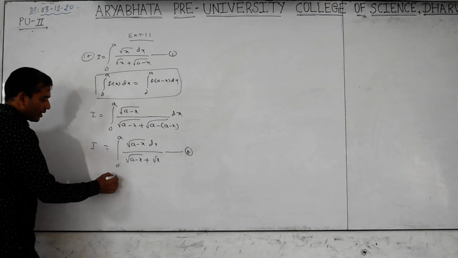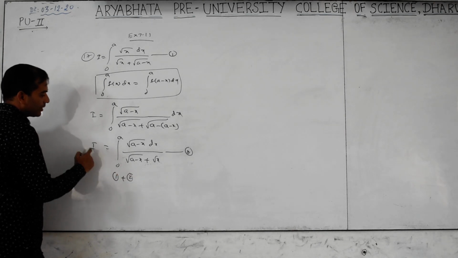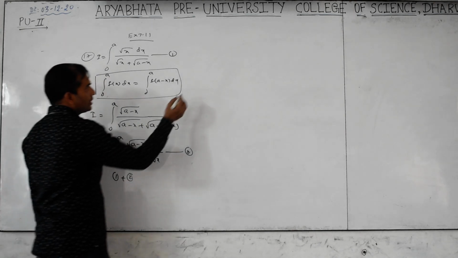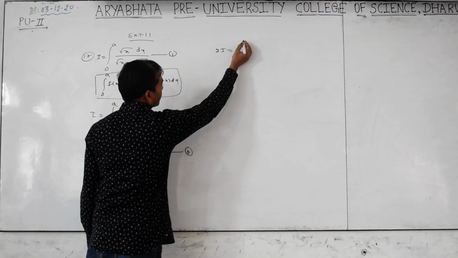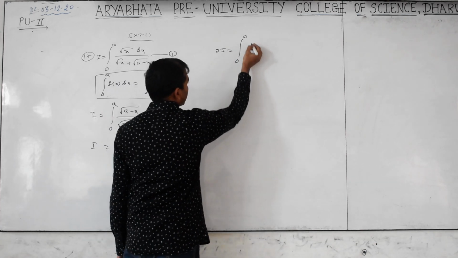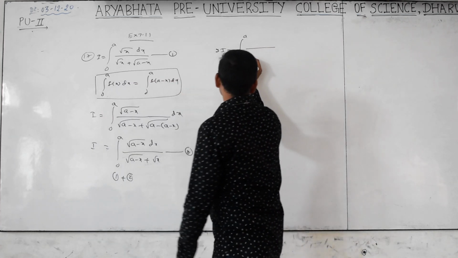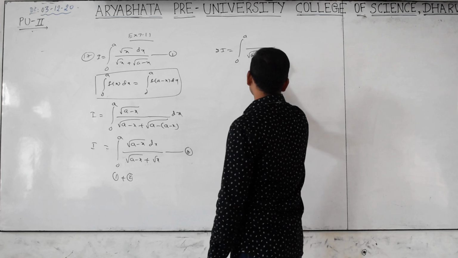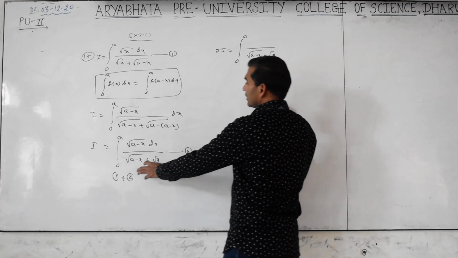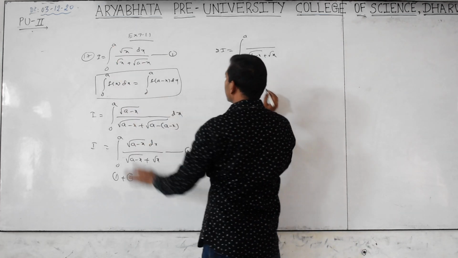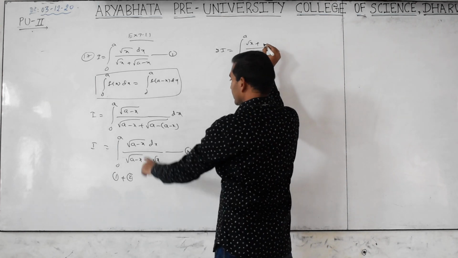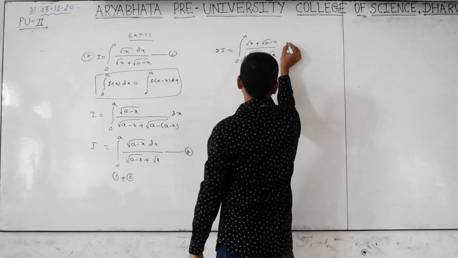Add equation 1 plus 2: I plus I is 2I, equal to the integration of 0 to a, where the denominator is root of a minus x plus root of x, which is the same as root x plus root of a minus x.